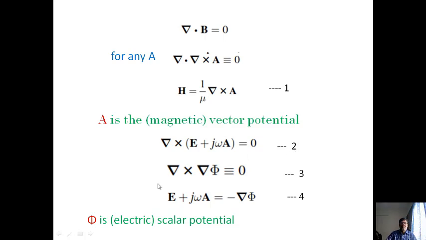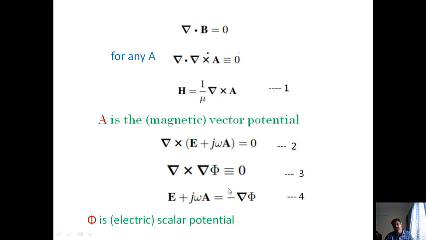And we know another vector identity, del cross del phi equals 0. That is, the curl of the gradient of any scalar function is 0. By comparison of these two equations, we can write E plus j omega A equals minus del phi.